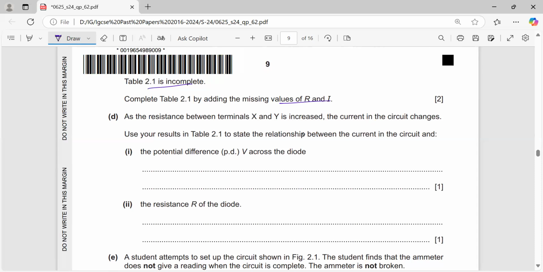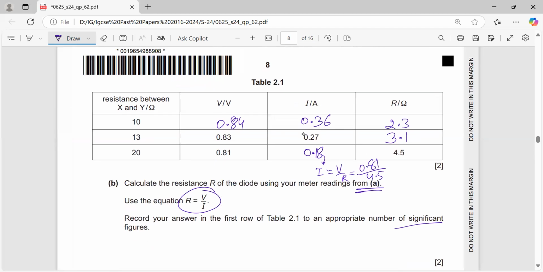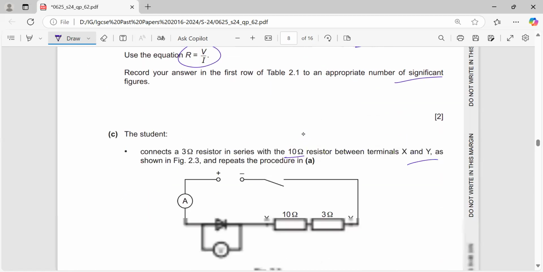Now we have to use the results in table 2.1 to state the relationship between the current in the circuit and the potential difference. Now you can see the current in the circuit decreases. Current before 0.36, then 0.27, then 0.18, but the potential difference is almost the same. This is one thing. Then, okay, let's write it.